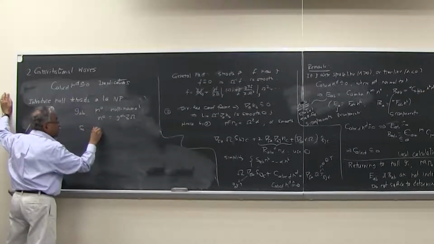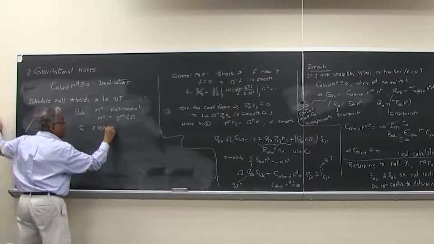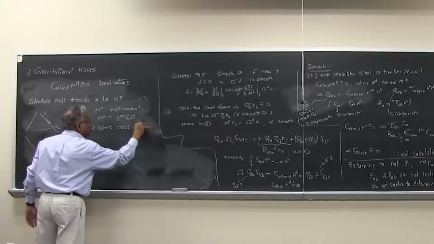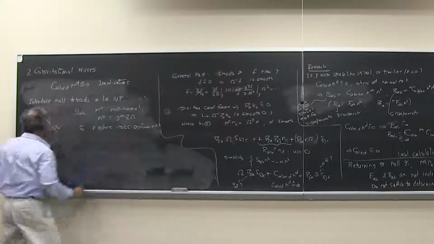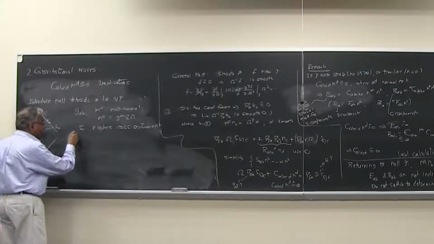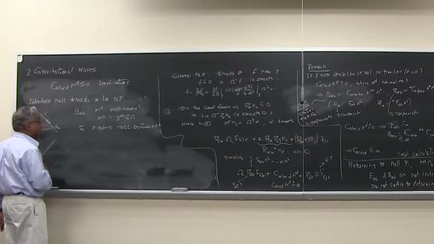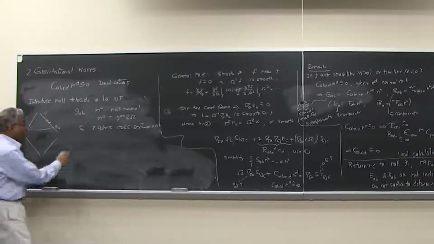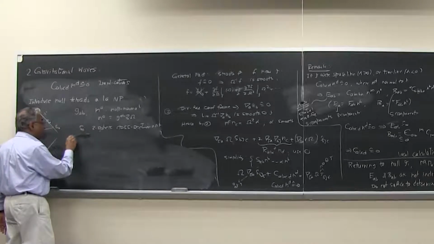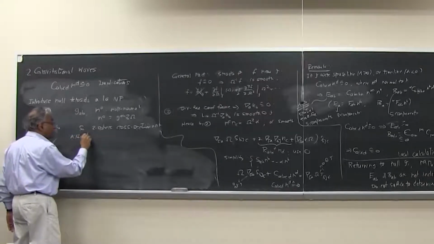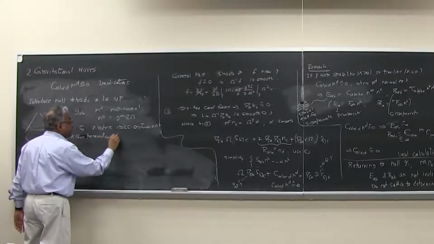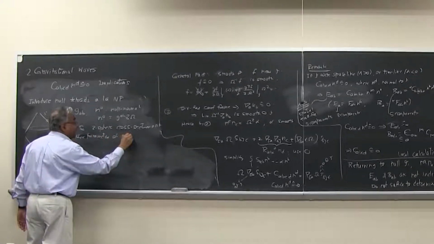S0 is any two-sphere cross section of Scri. I'm going to label this cross section by some coordinate. So first I'm going to introduce an affine parameter of the vector field n^a.